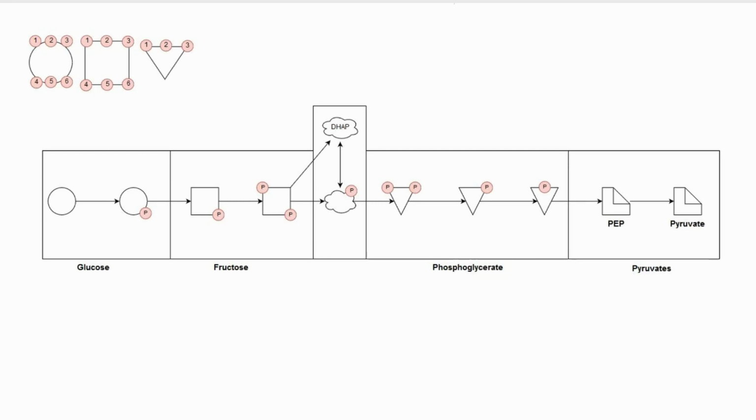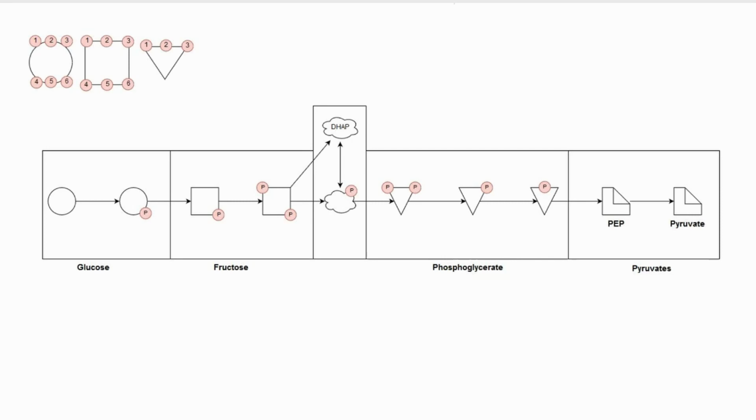I figured the way that you read, which is top to bottom, left to right, would make learning where the phosphate groups are a little bit more simple. So in this instance up here, you'd have a phosphate group in the 1 position. Here it would be in the 3 position, and here would be the 6th position.